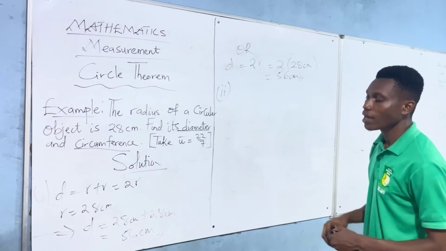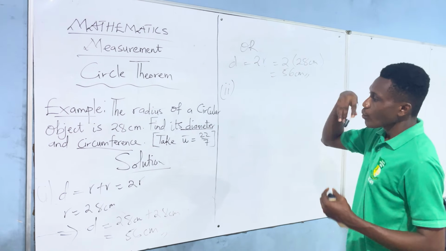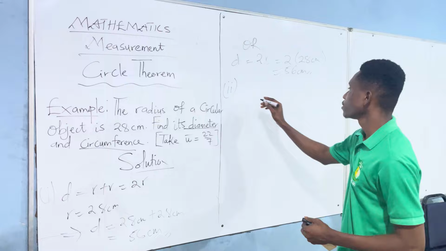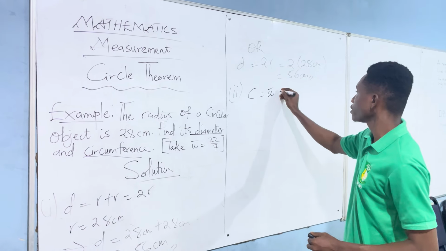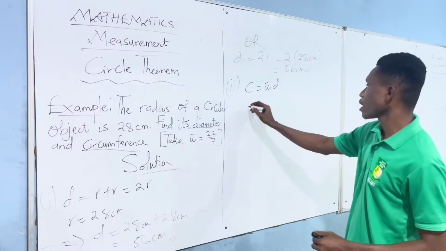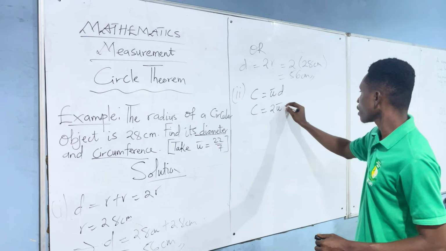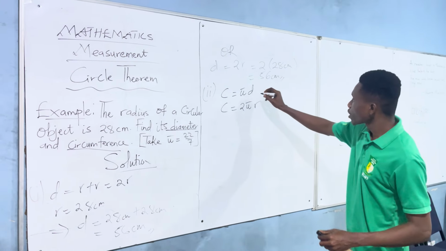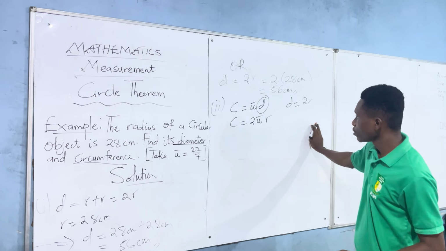They say we should find our circumference, and for the circumference we have 2 ways. Using the diameter, circumference, which is c, is equal to pi d. If we are using the radius, that one is 2 pi r. And mind you, this is the difference: d is equal to 2r.